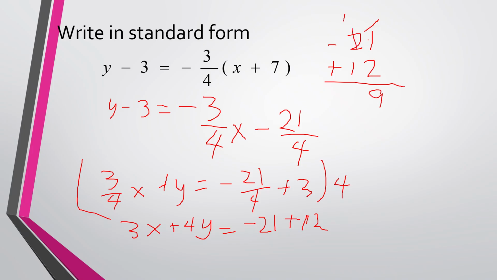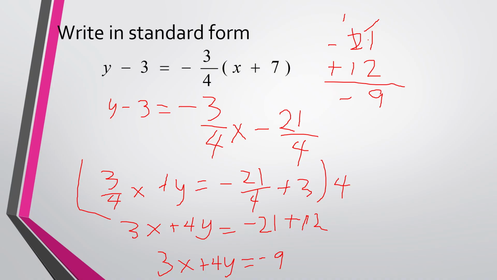And this will become 1. So then we copy the sign of the larger number. So that will become negative 9. So therefore, the final answer in standard form is 3x plus 4y equals negative 9. That's it.